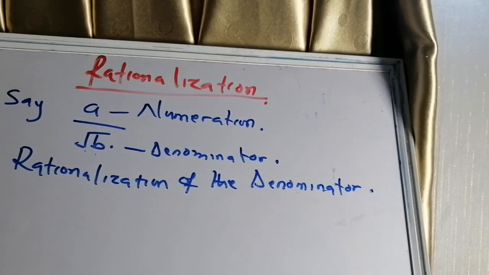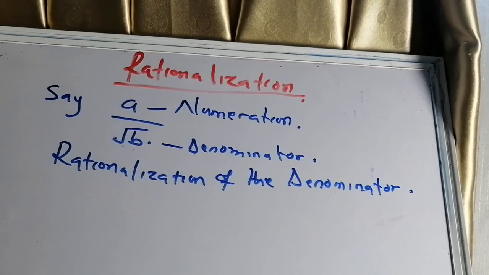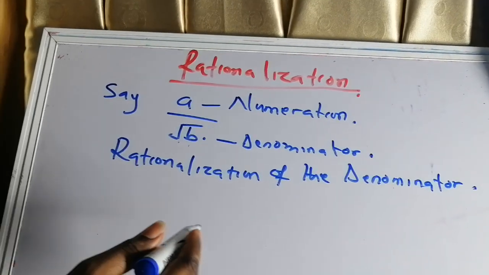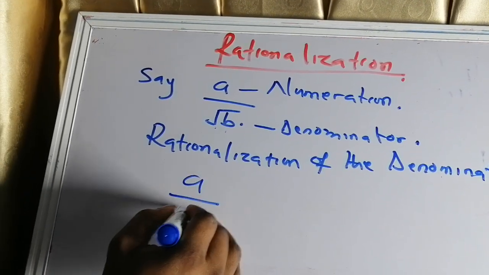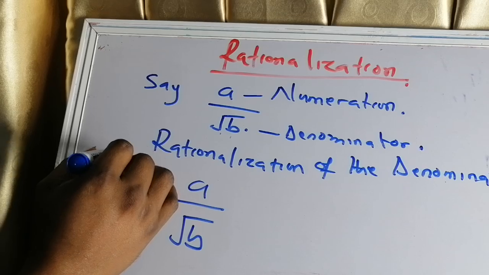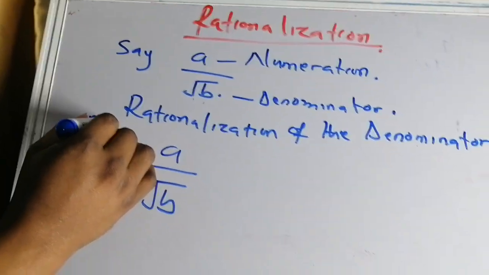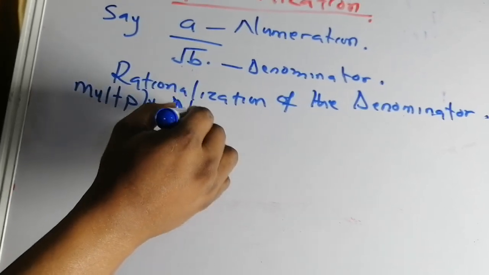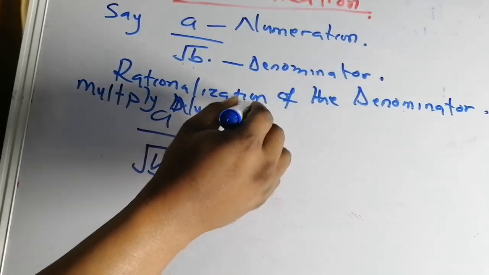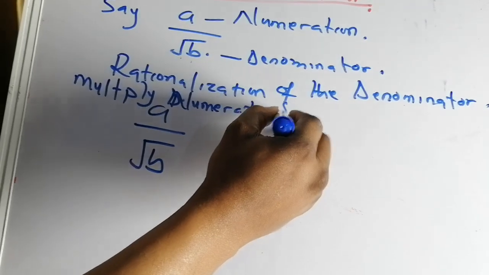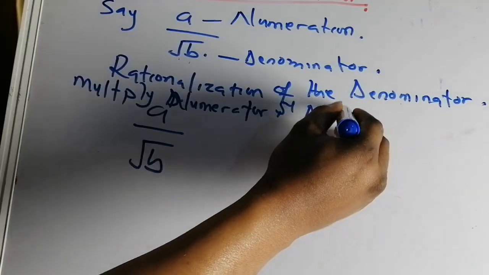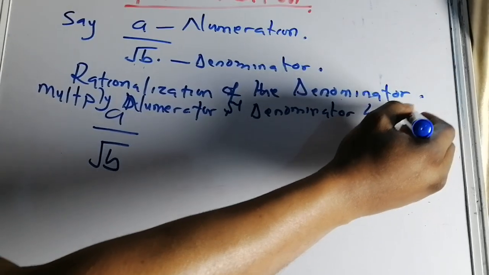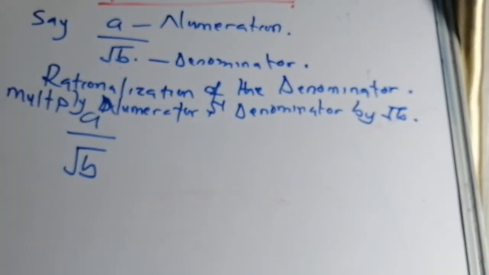Okay, so it's very, very simple. Before we can have a rationalization of the denominator, a over root b, what we need to do is multiply the numerator and denominator by root b.